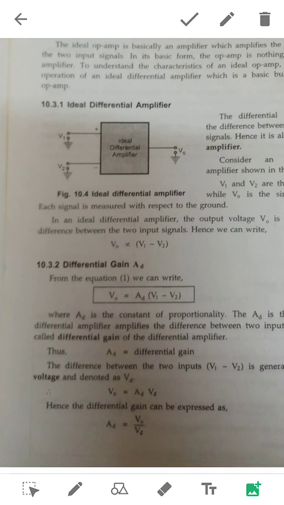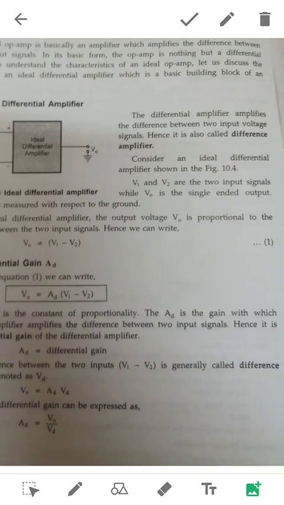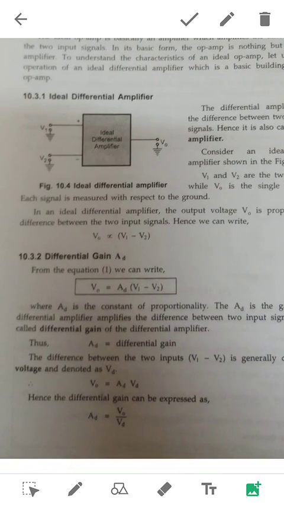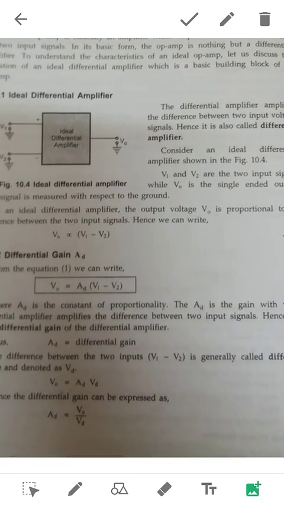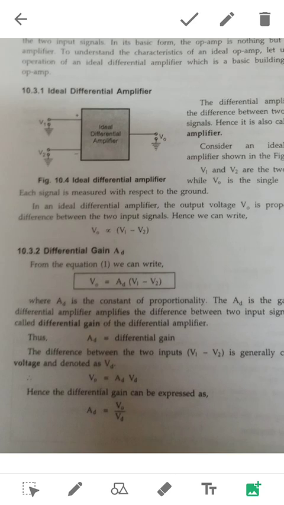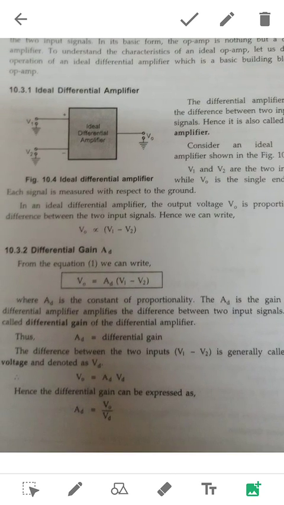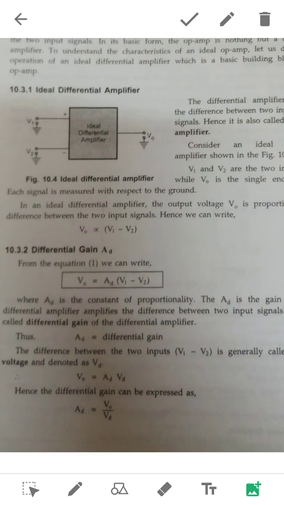The difference between the two inputs, V1 minus V2, is generally called the difference voltage, and it is denoted as VD.